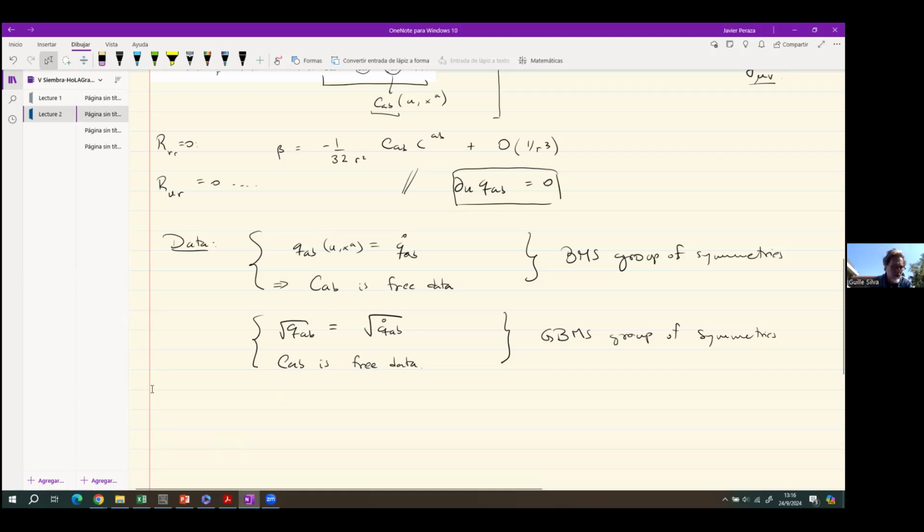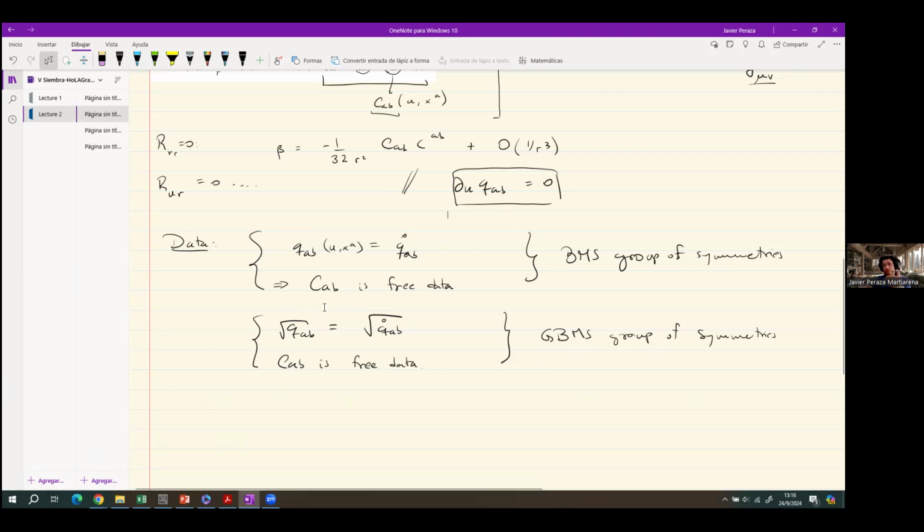Excellent. Thank you. Great. So that's kind of the main point for generalizing BMS. If you fix the scri class to be the round metric, then the only data that you have is C_AB, which is the shear of null geodesics going to scri.